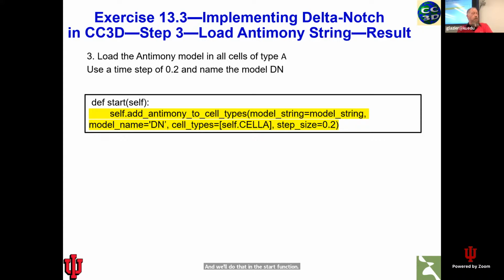And here I've loaded it, instead of running a loop over all the cells, into all cells of that cell type, since there's only one cell type. The one thing that's a little bit different here is that I've made the step size 0.2 because I know in advance what the time conversion has to be. If you want to do a loop over all cells and add it that way, that's fine too.